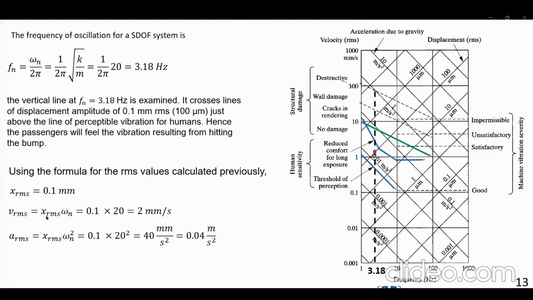In other words, if this is the RMS value multiplied by omega n, you get 2 millimeters per second. That's going to be the value of the velocity. It should be so. If you go horizontally, you should be hitting 2, and it hits the line at 45 degrees, sits on that line at 45 degrees, which is this acceleration.